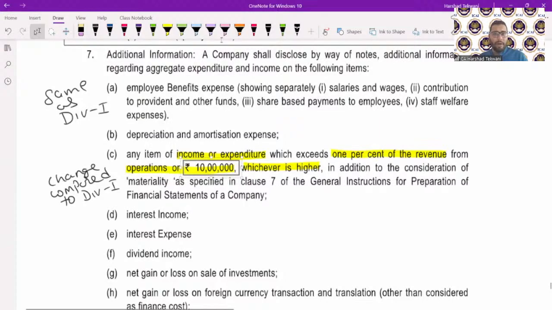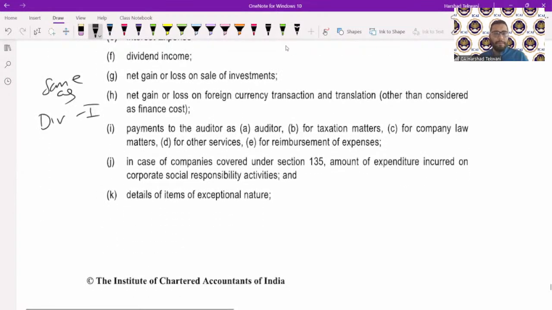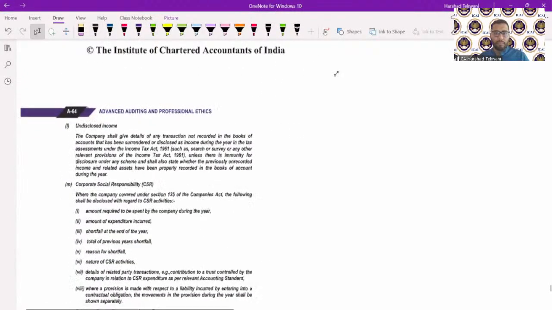So the rest of the items like interest income, interest expense, net gain and loss are the same as division 1. Payment to auditor, same as division 1.